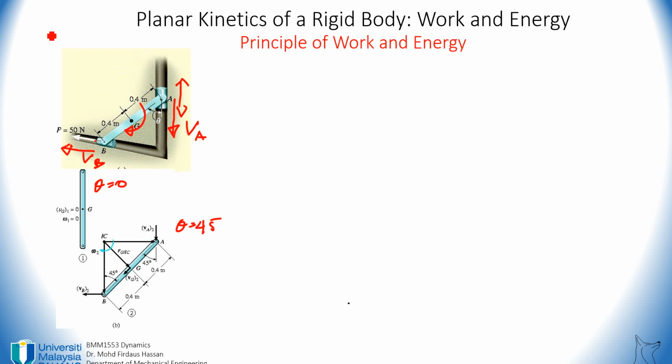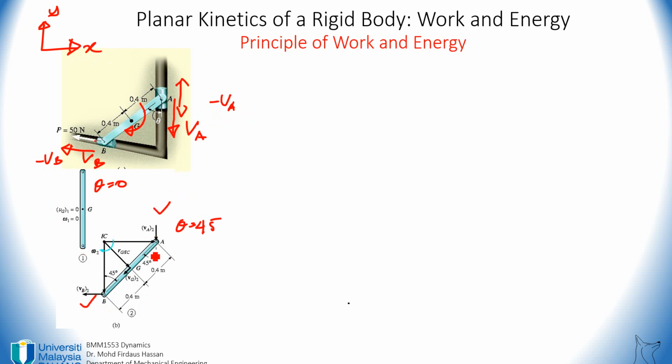Okay, if we draw X and Y, we have a negative VA for example, and we have negative VB. Okay, doesn't matter. So we have VB here. You see, you have VA there downward.